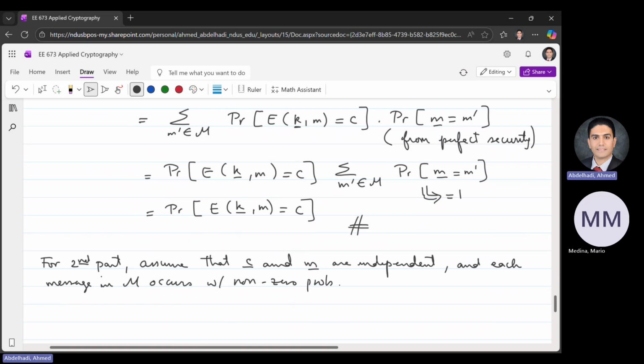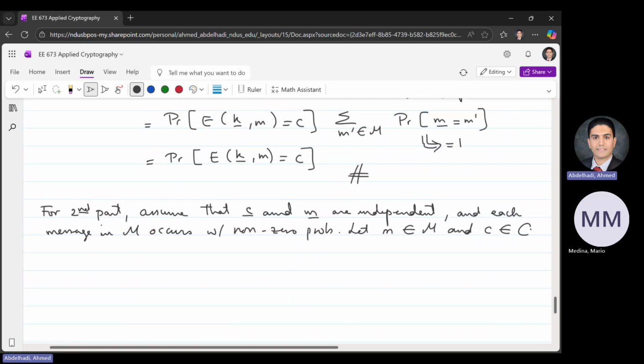So all the messages are going to be used in the transmission. And then let M be in the message space and C in the ciphertext space.